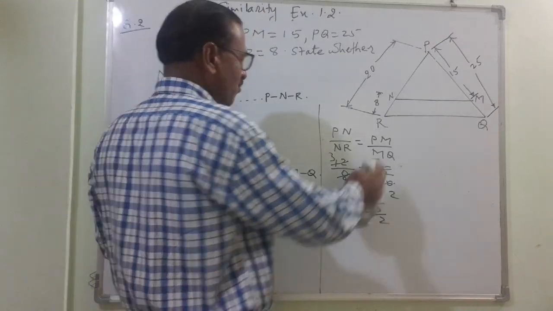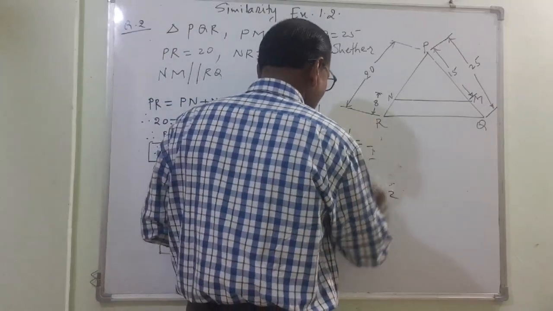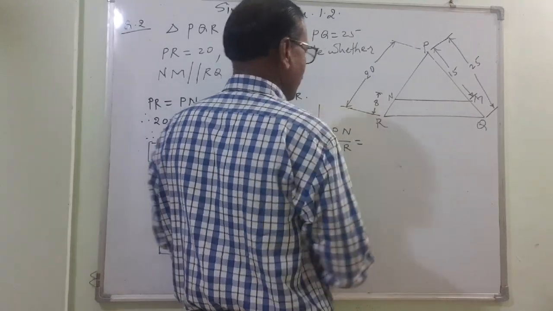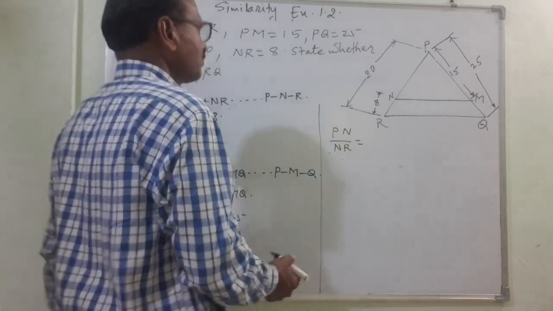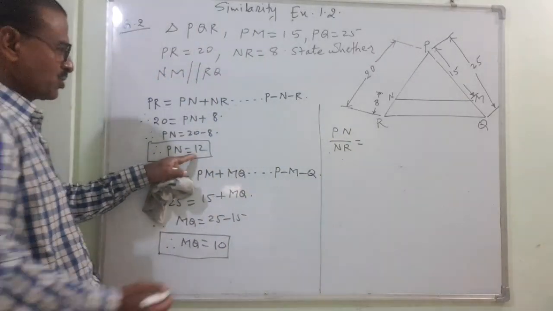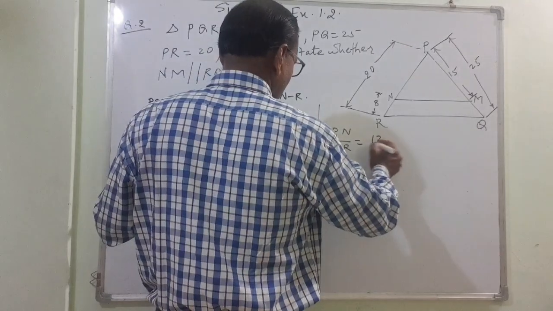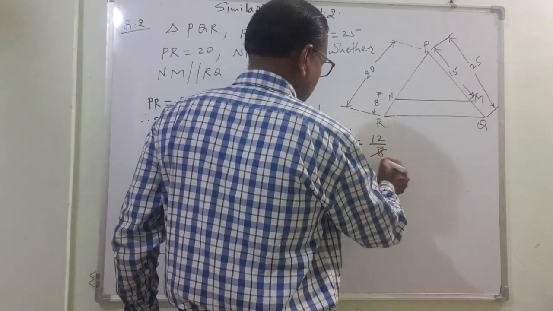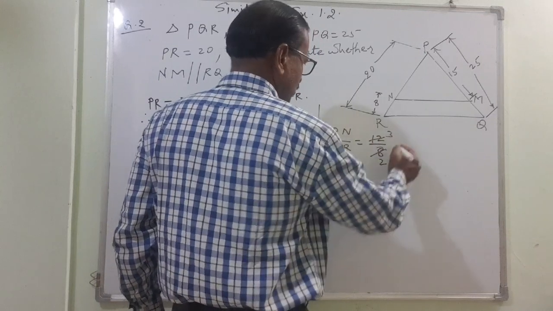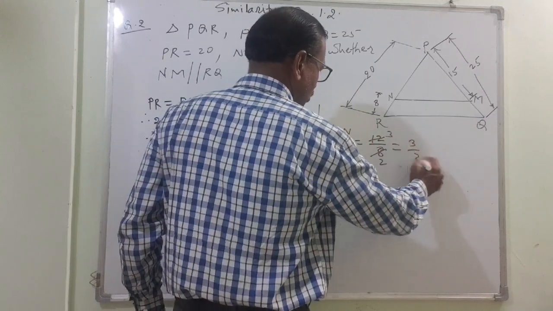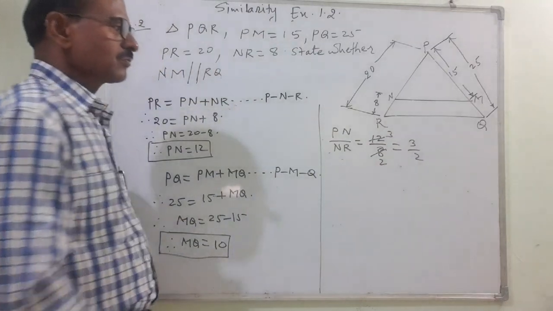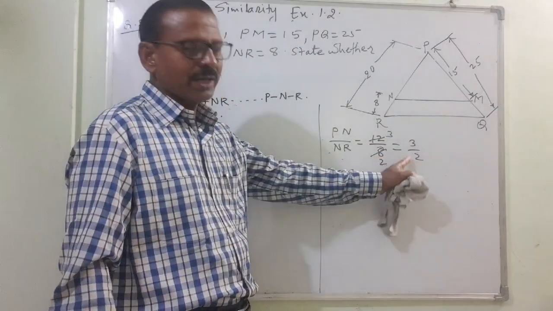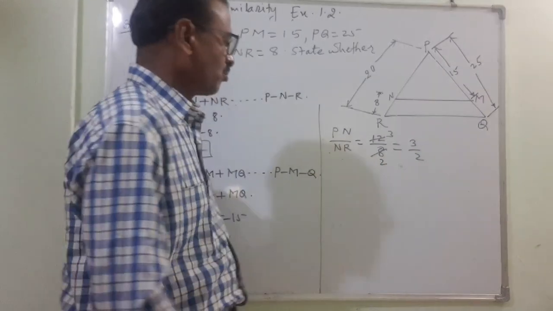So what we have to do is, first of all, find PN upon NR and give the step. How much is PN? 12. NR is how much? 8. 4 threes are 12, 4 twos are 8, so here 3 upon 2. I am writing this way, but you go downwards.